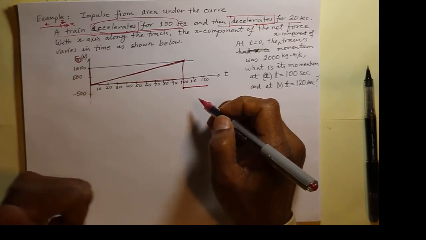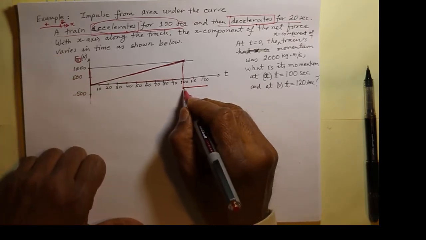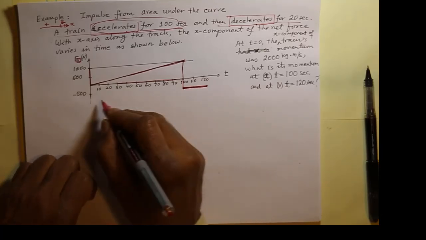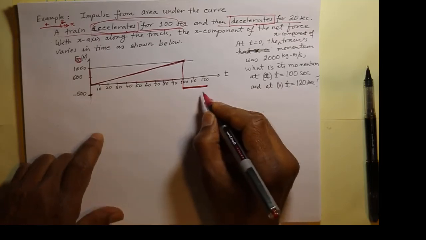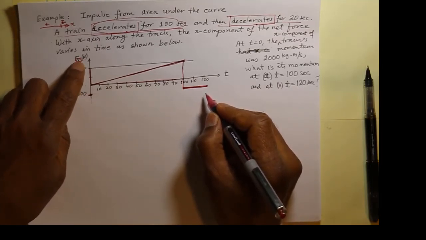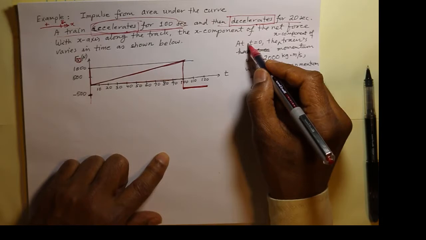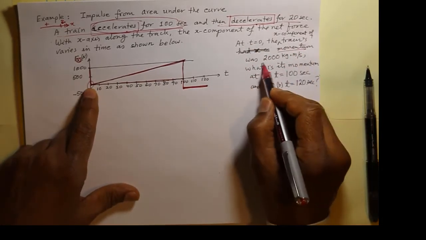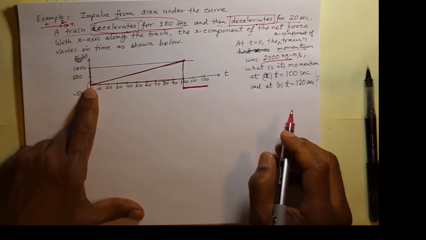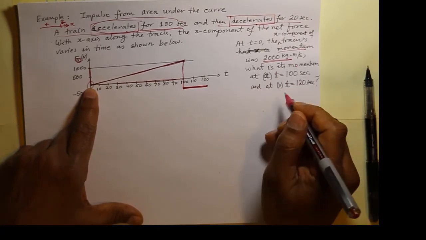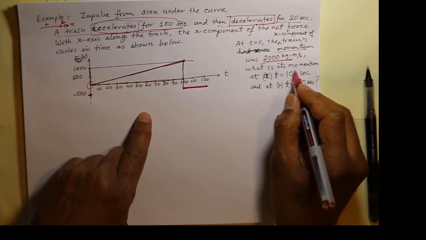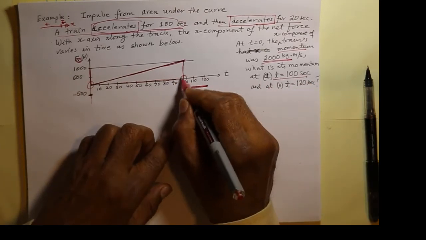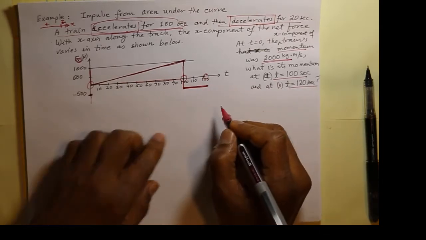Maybe a brake or something is applied, so the force becomes negative, and it's actually minus 500 Newton in the x component. At t equals 0, the train's momentum is given. We're not working with velocity or speed right now, just with momentum directly. And we're supposed to find the momentum at 100 seconds and the momentum at 120 seconds.